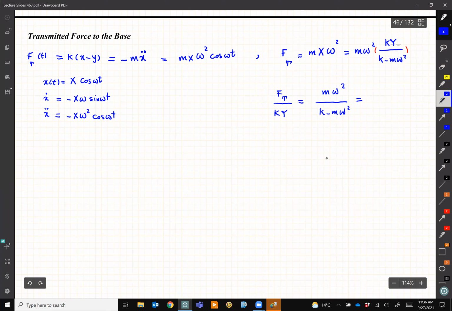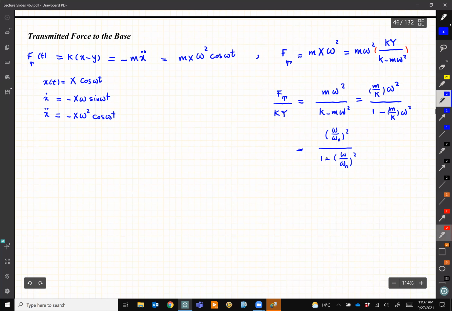Now let's divide everything by k and see what will happen. m over k omega squared, and this is 1 minus m over k omega squared. Oh yeah, that's correct. It's even better. So from here, if I simplify one more step, I will get omega over omega n squared, over 1 minus omega over omega n squared.